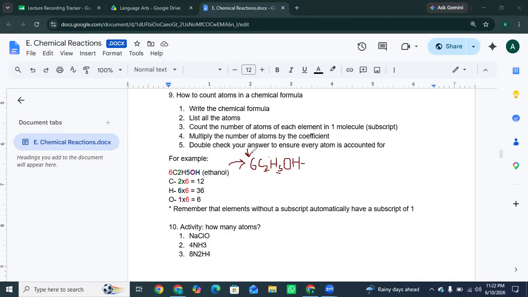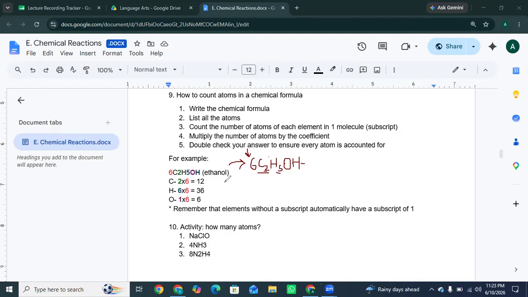Okay, which means we multiply everything by 6. There are 2 carbons in the molecule, which is C2, meaning 2 carbon atoms in the molecule.